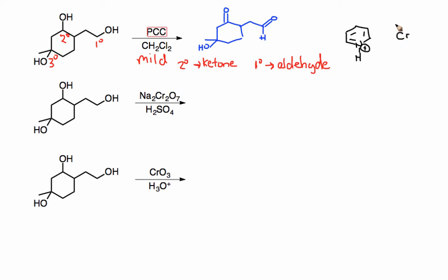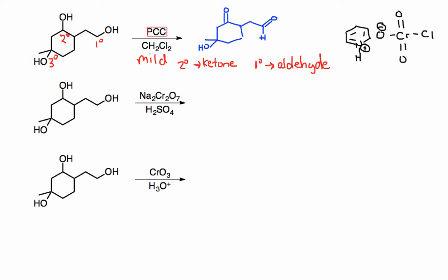So we have our chromium, two double bond oxygens, a chlorine, and our O minus. This chromate is your oxidizing agent here, but under these mild conditions, we're just using this in dichloromethane as a solvent. Unlike our next two reactions, there's no strong acid involved.